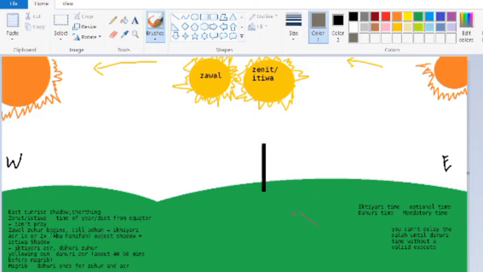For Abu Hanifa, the opinion is that it is one time or two times the shadow length plus the Istiwa shadow. So this is the shadow getting longer here. This is the Istiwa. So this is the beginning of Asar.